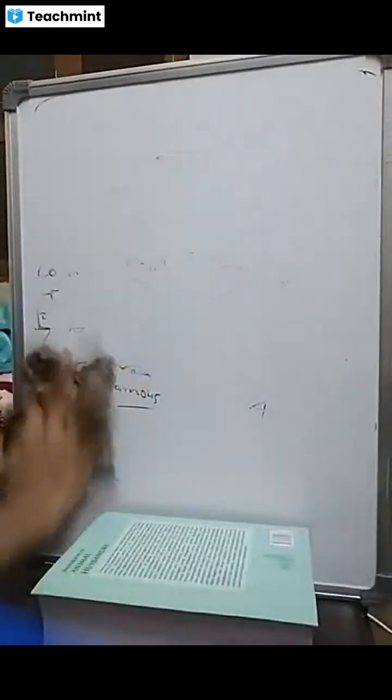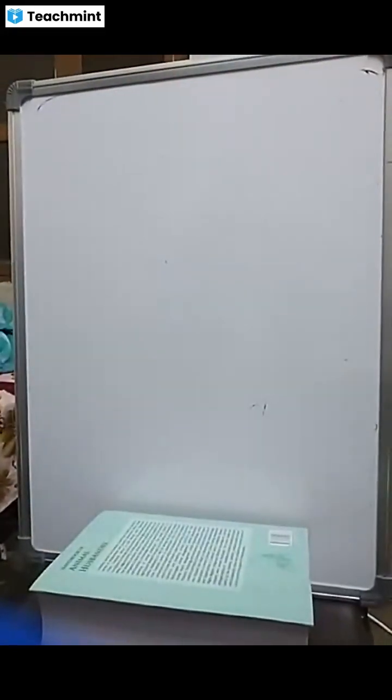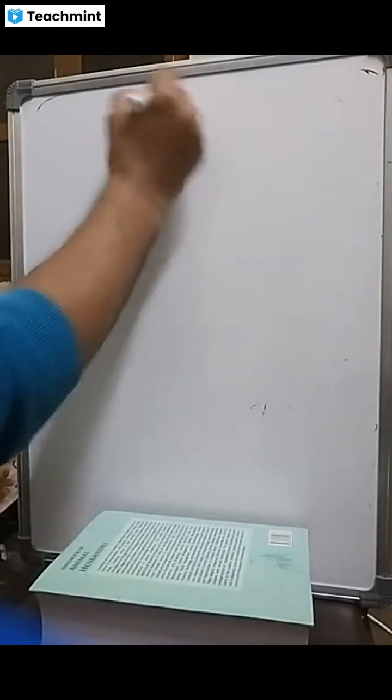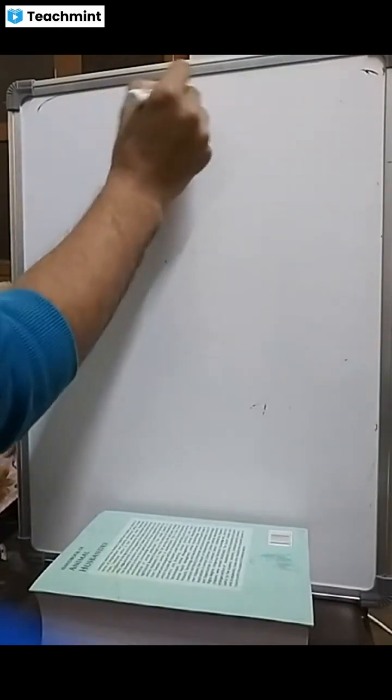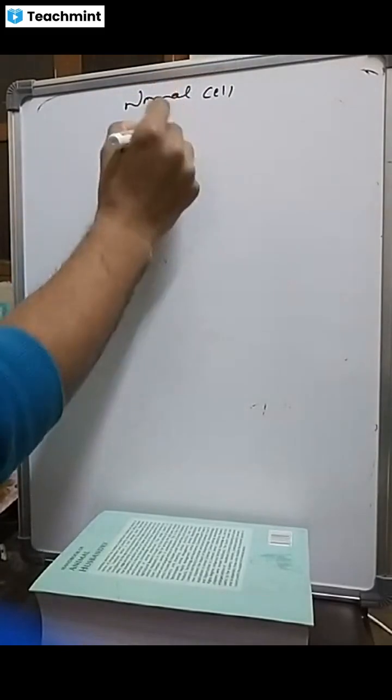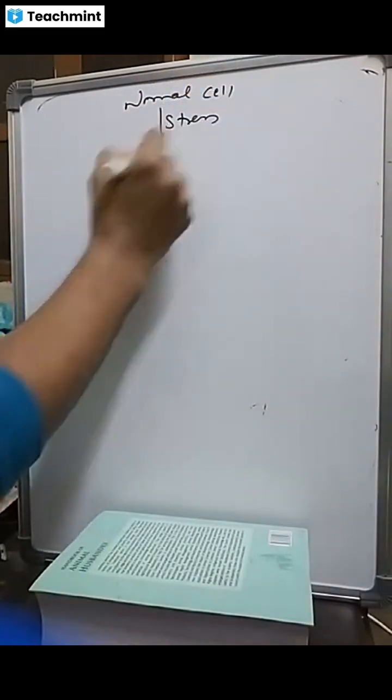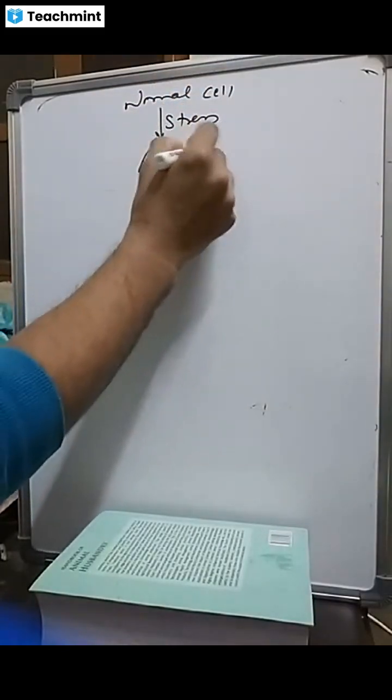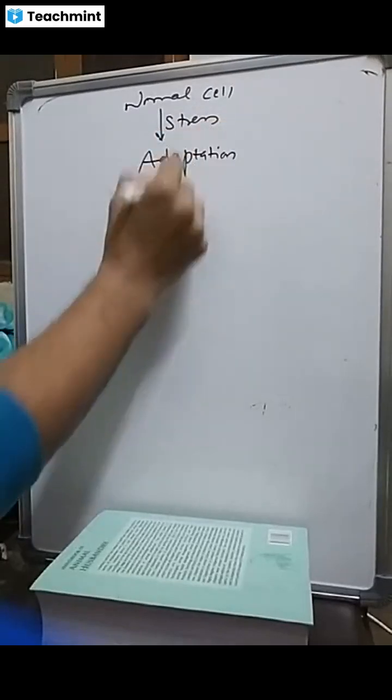If we remove this stress, then it may restore itself. That is a normal cell. This is your normal cell. We have applied stress, and the cell adapted itself. That is adaptation.